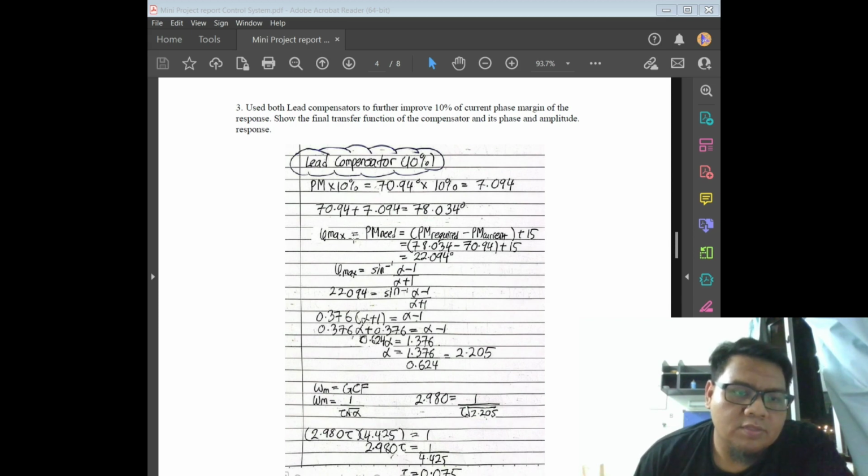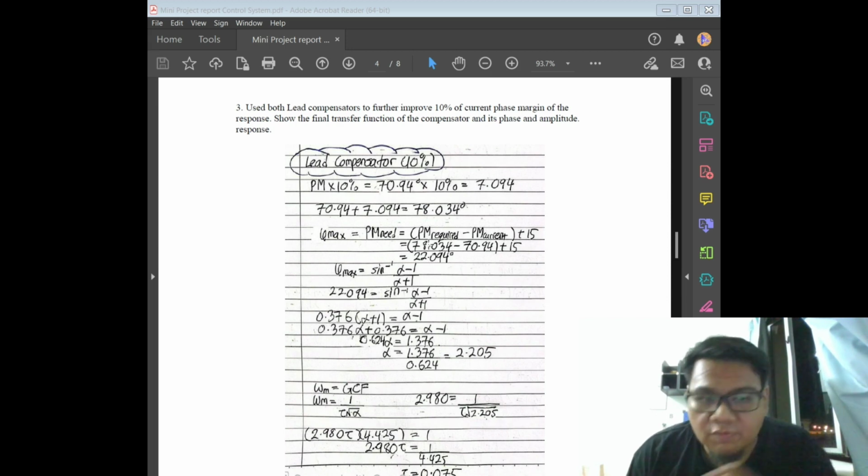Phi max is equal to the phase margin required minus the phase margin current plus 15. 15 is a safety margin for the lead compensator.